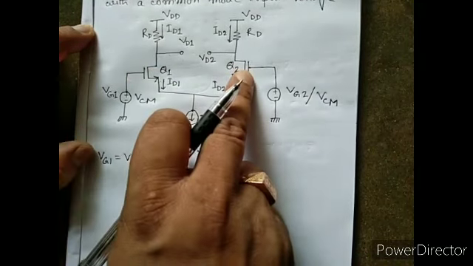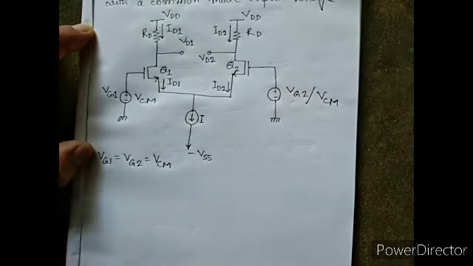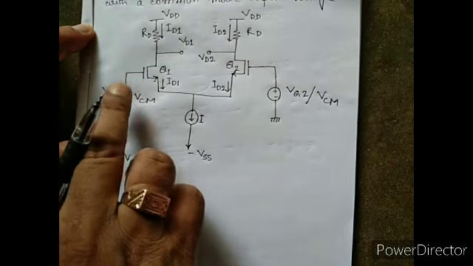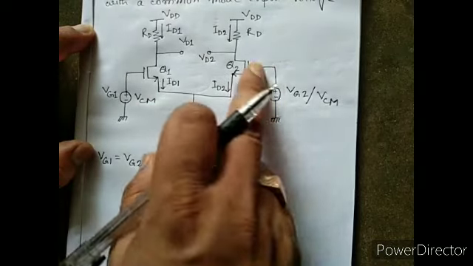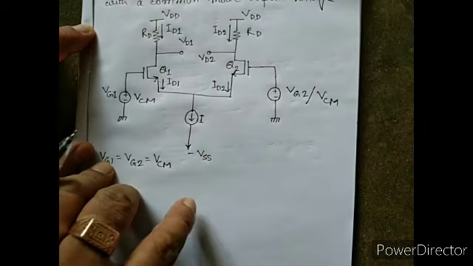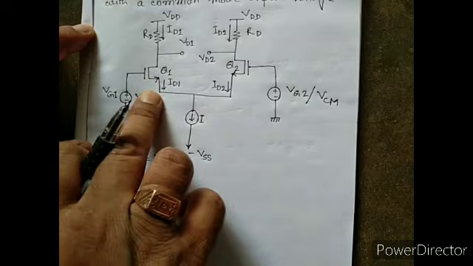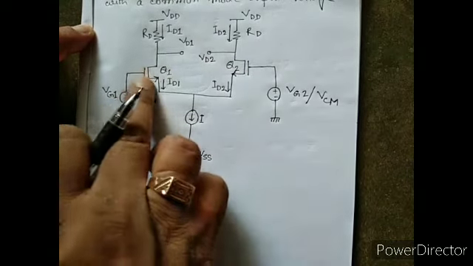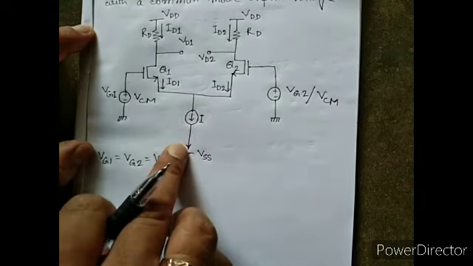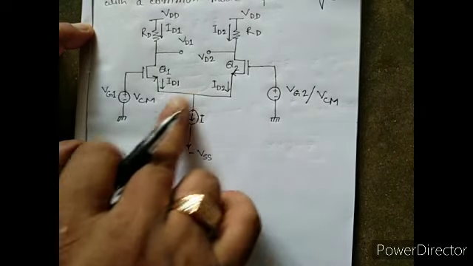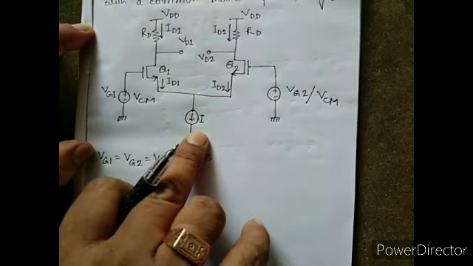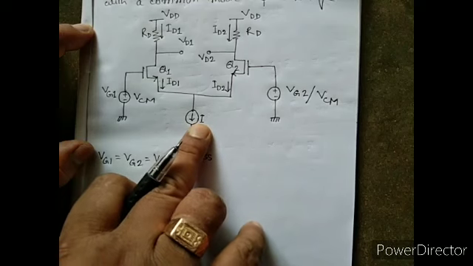As both transistors are matched and the same potential is applied at the gate terminals, and the sources of both Q1 and Q2 are connected to a constant current source, the current passing is I.